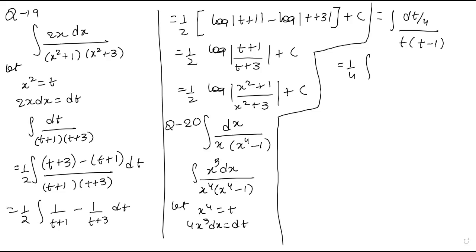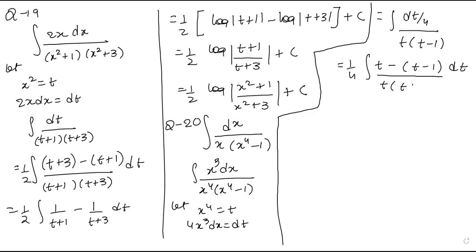So 1 by 4 will come outside, and I can write this 1 in new format as t minus (t minus 1). If I subtract, the t will get cancelled, and I will have just 1.